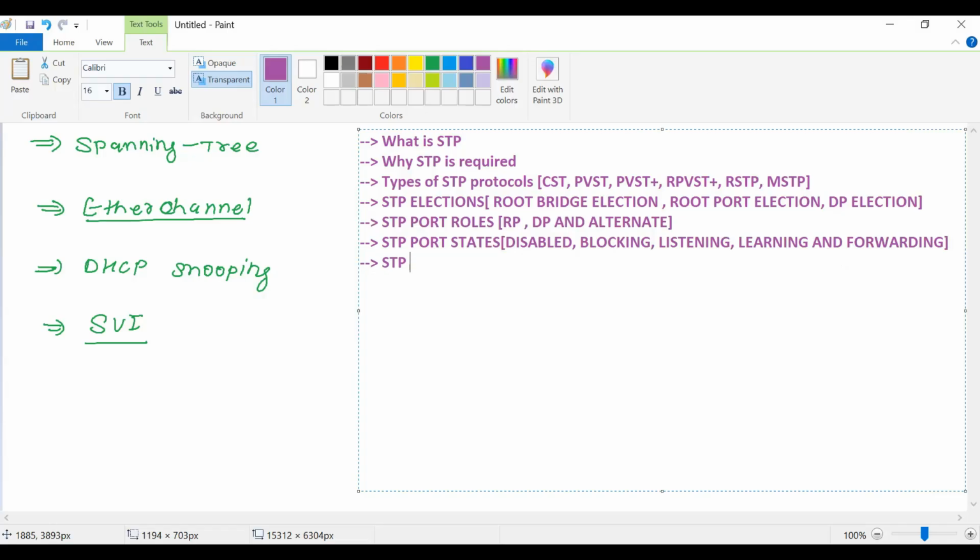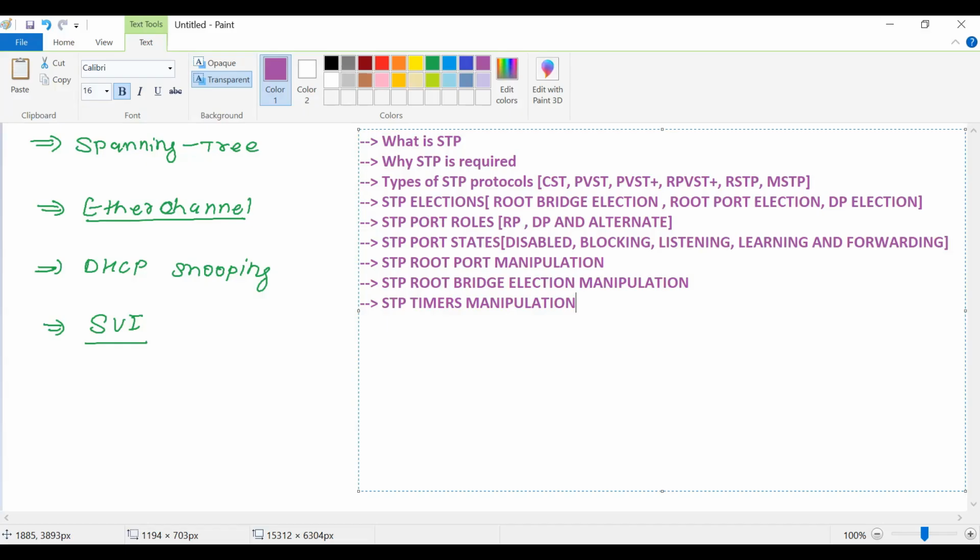STP root port manipulation, STP root bridge election manipulation, STP timers manipulation. All of these tasks must be clear with all of these topics in STP.